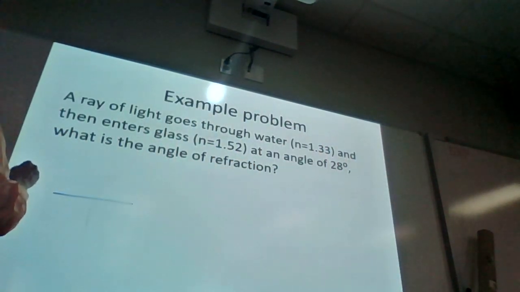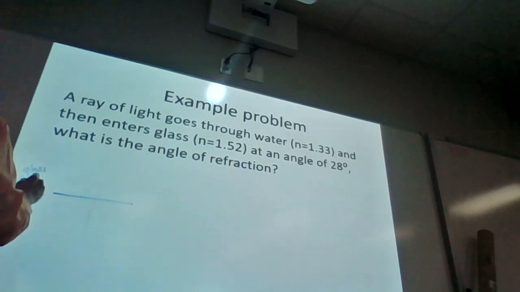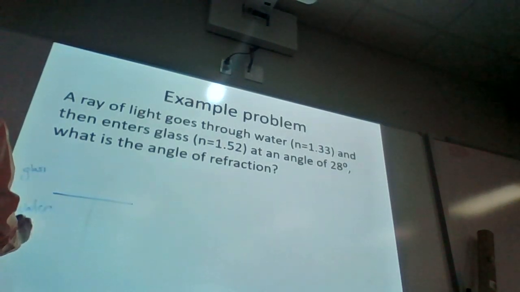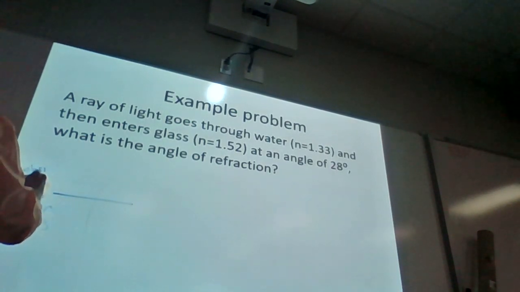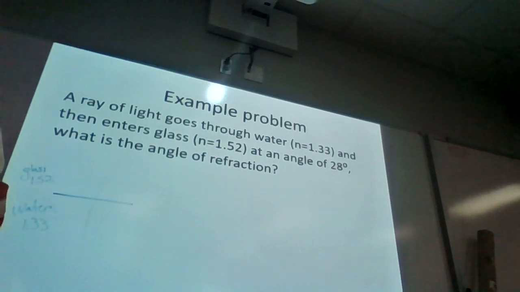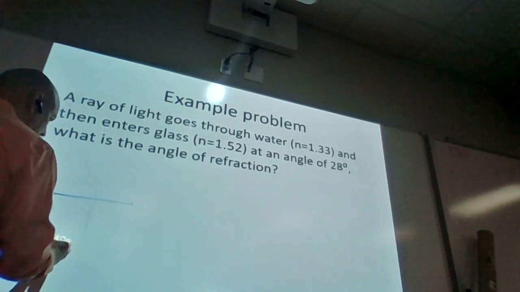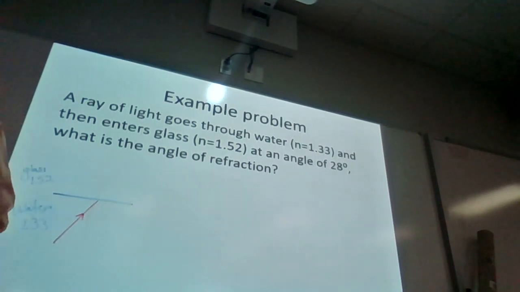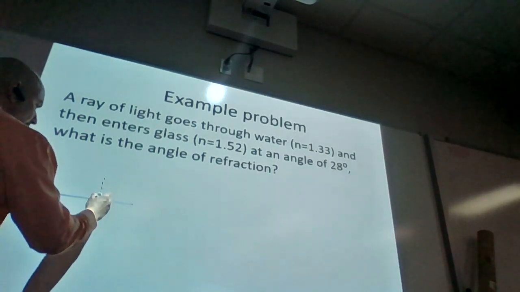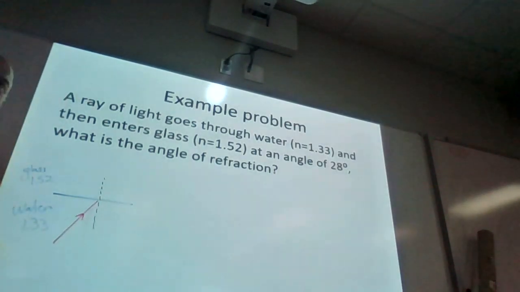Okay, let's just say glass is on top, water's on bottom, just to mix things up here. So light's going from water into glass. There's our normal line.